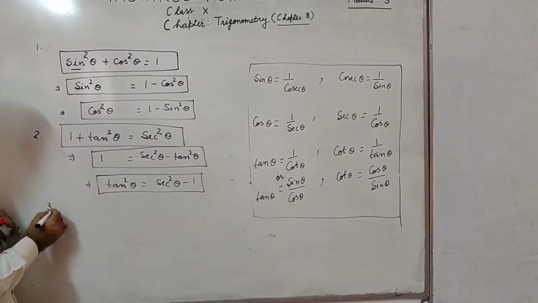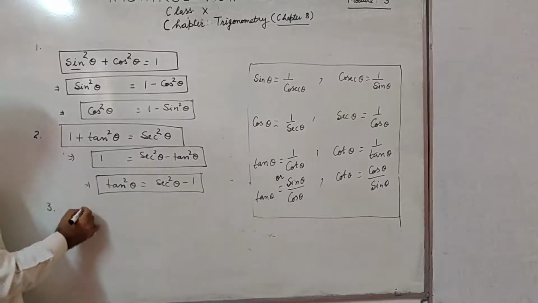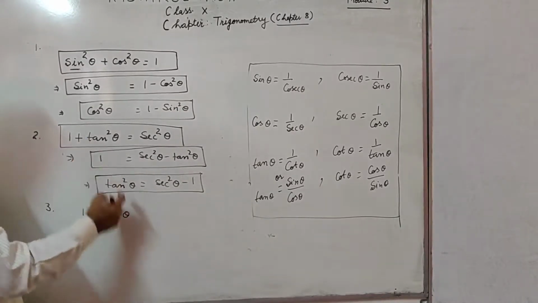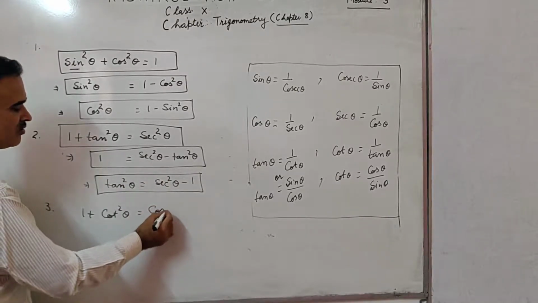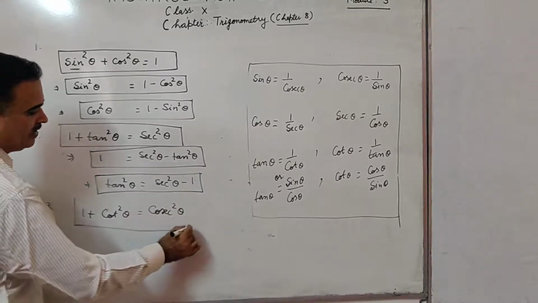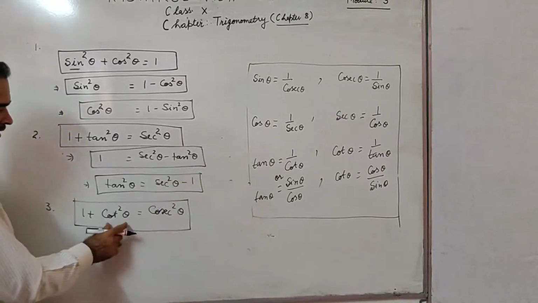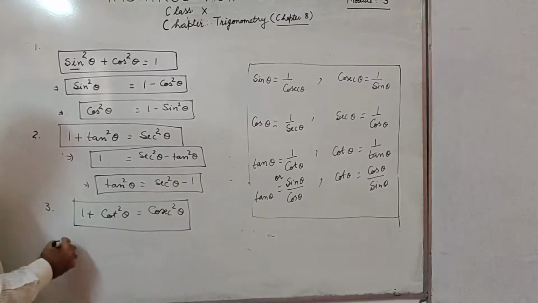And third and last in your 10th class standard: 1 plus cot square theta equal to cosec square theta. This is your identity. How to use it: cot is cos upon sine, put it in the LHS, and get this result. You will do it yourself.